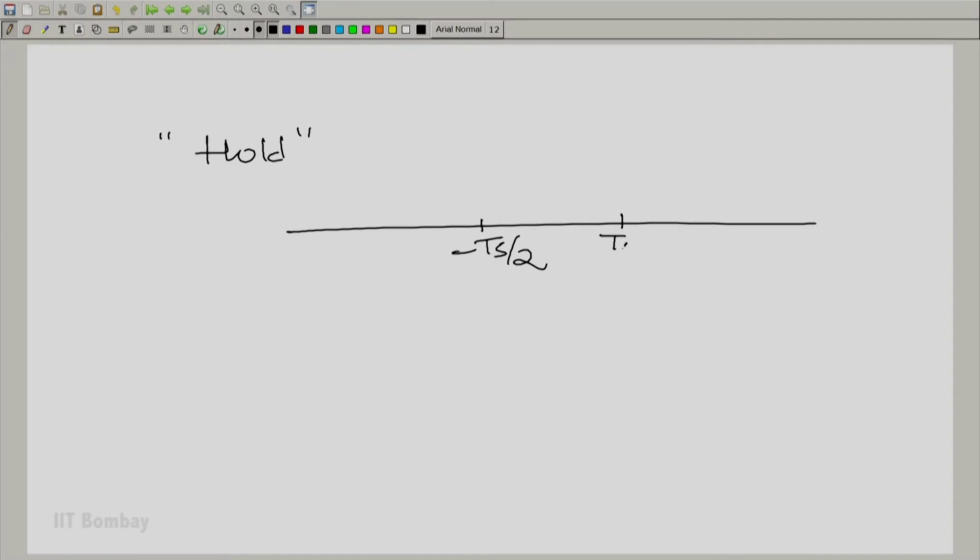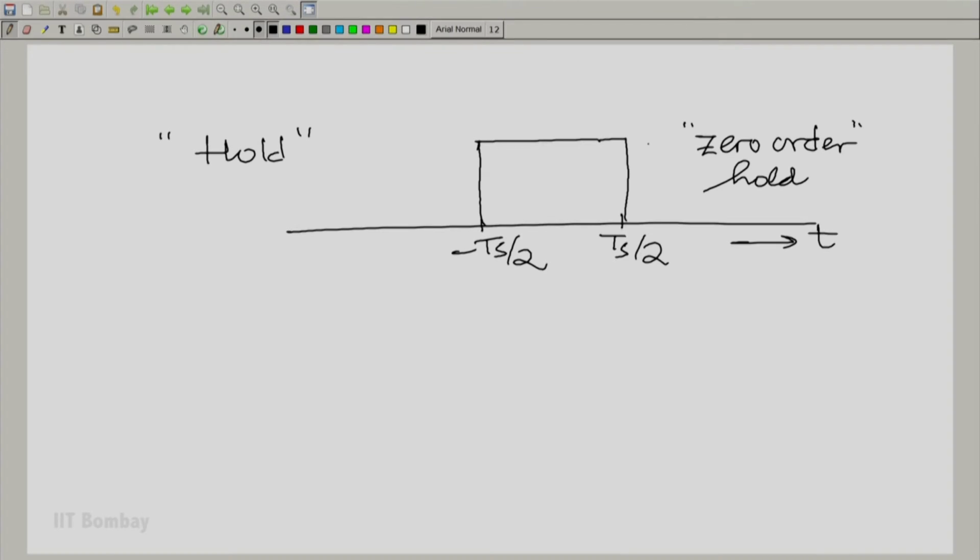You remember the hold was earlier between 0 and Ts. So, now we keep that same h(t), but move it backwards. In fact, we now call it a 0 order hold, and 0 order refers to the fact that this is essentially a polynomial of 0 order in t.